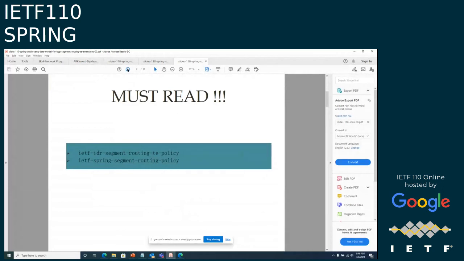This draft heavily depends on two drafts from IDR and Spring. One is, of course, BGP SR-TE in IDR, and the other is the Spring SR policy architecture draft. It's not listed here, but it also indirectly depends on the Spring segment routing policy YANG draft, which itself is evolving.